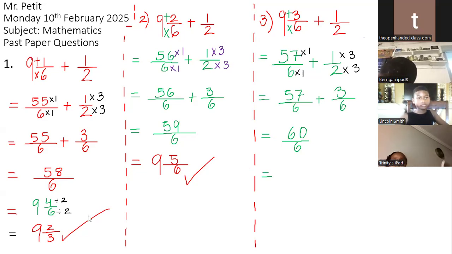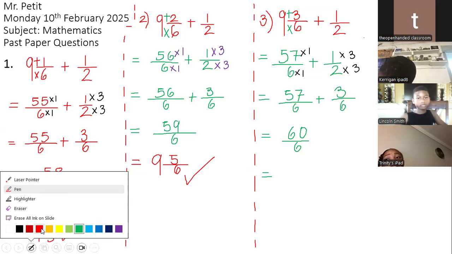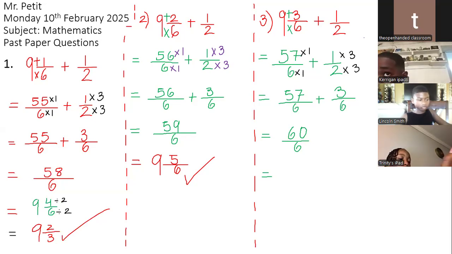So that means this 6 is going to be the denominator. This 10 is going to be the whole number. And this 0 is going to be the numerator. So we are left with 10 as the whole number. What's the numerator? 0.